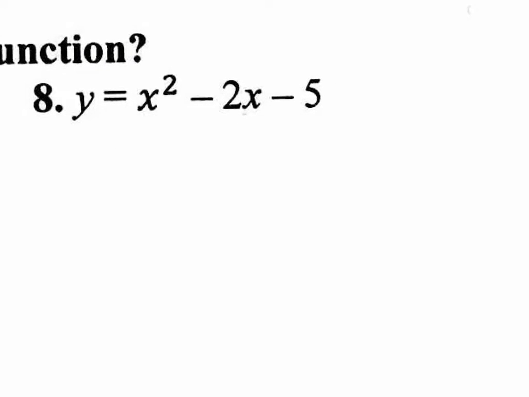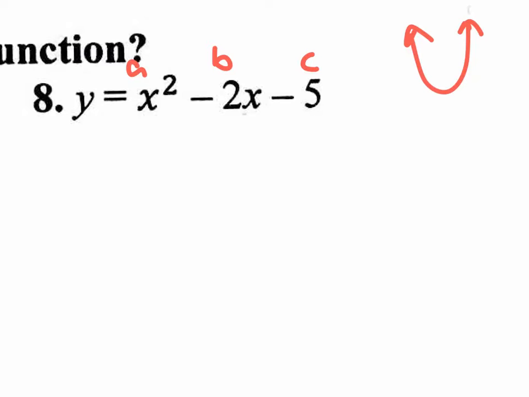So ladies and gentlemen, does this parabola open up or down? Up. Why is that? How do you know that it goes like that? Because the a value is positive, right? The a value is positive 1, the b value is negative 2, the c value is negative 5. So if you know that your a value is positive, you know it's going to open up. Now, what does that mean?